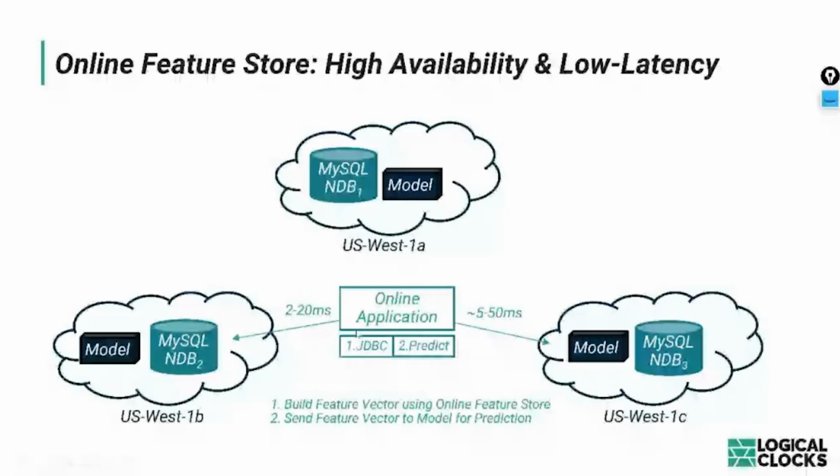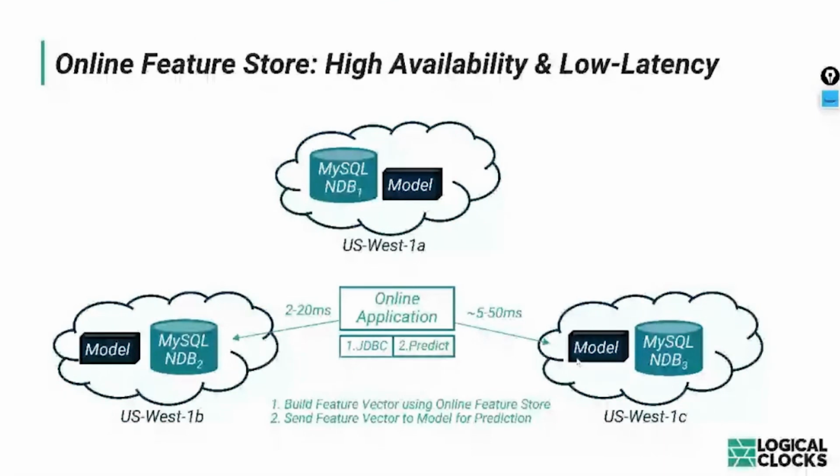But also it's highly available, so you can have it across availability zones. You can deploy NDB across 3 availability zones in a region in AWS. If one of them crashes, it's still available. If 2 of them crash, it's still available, because it's actually synchronously replicated. It's not quorum-based replication.